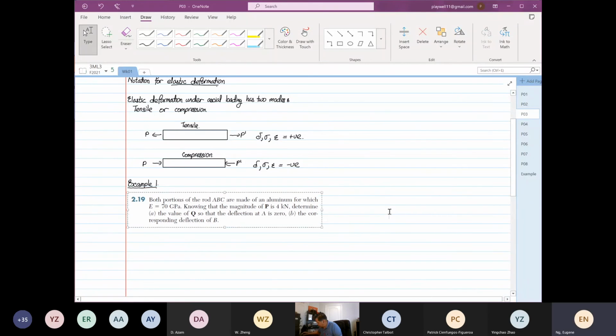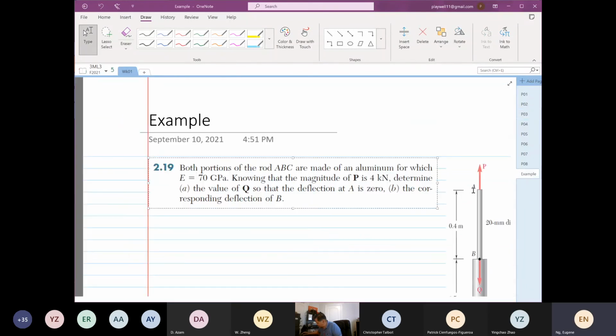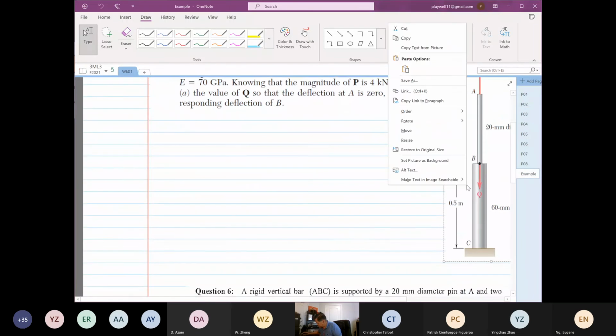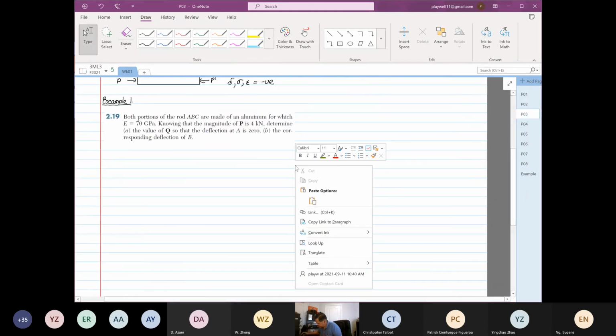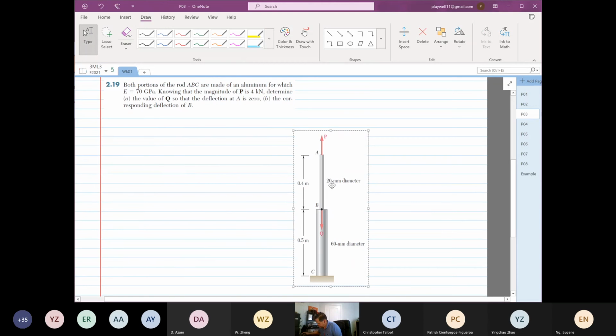Let me copy everything from example number 1 first.